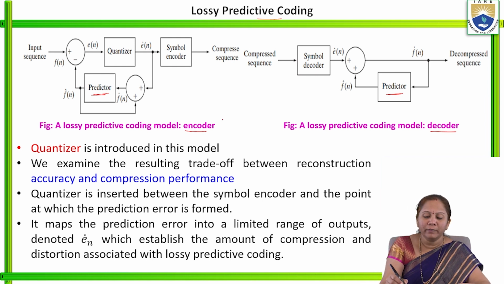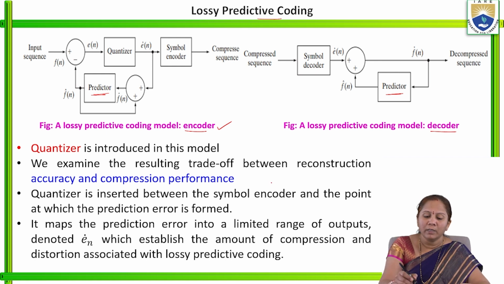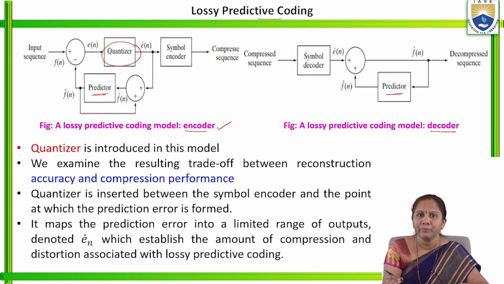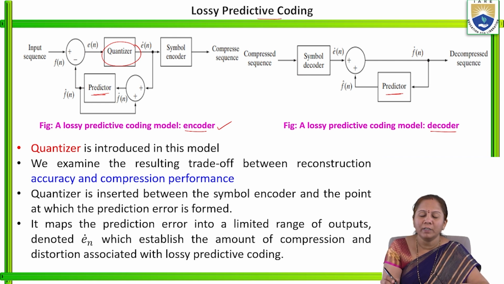Now, if we observe the lossy predictive coding encoder part, the quantizer is the important block, that is, the quantizer is the extra block. If there were no quantizer in this lossy predictive coding encoder part, the block diagram would be similar to the lossless predictive coding encoder part.